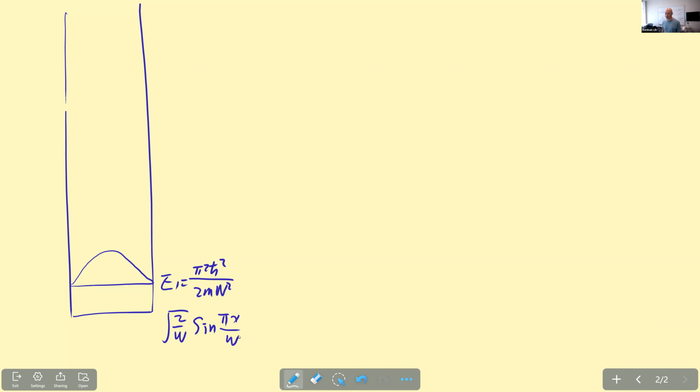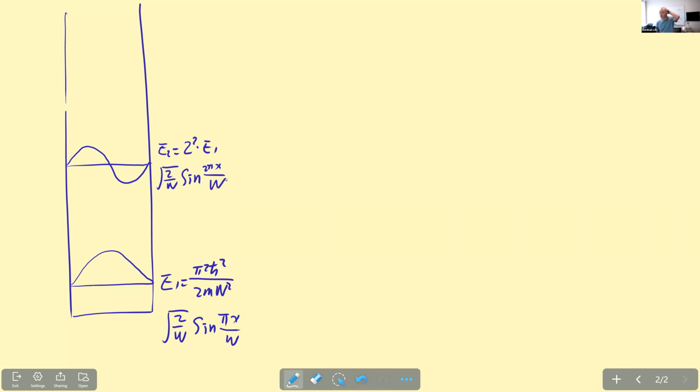So that you have this kind of standing wave, and then the second state has odd parity. So this E2 equals 2 squared times E1 actually, and the wave function is going to be sine of 2 pi x over w.